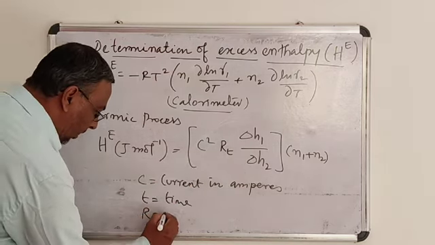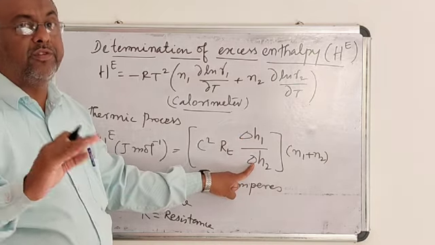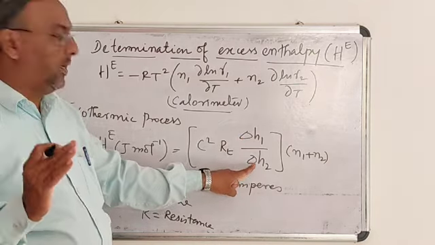And delta H1 and delta H2 are the equilibrium changes in the position of the galvanometer, before mixing and after mixing.